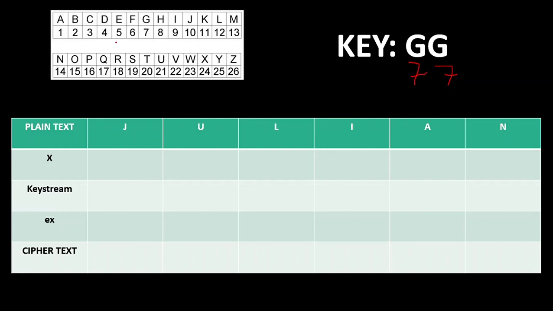So J is 10. U is 21. L is 12. I is 9. A is 1, of course. N is 14.